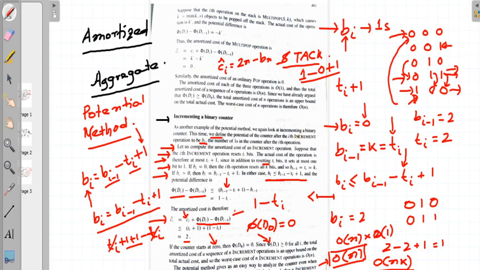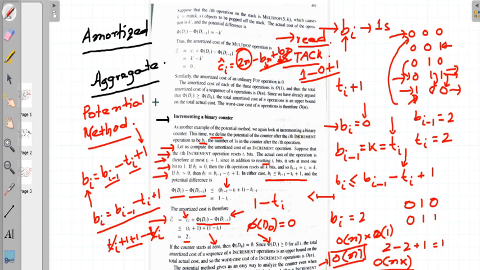Using this formula and taking its summation, 2n plus b0, it can be shown that this is order of n and this is order of n, and then this will cancel out and order of n will remain. So you can read it yourself from the CLRS book.